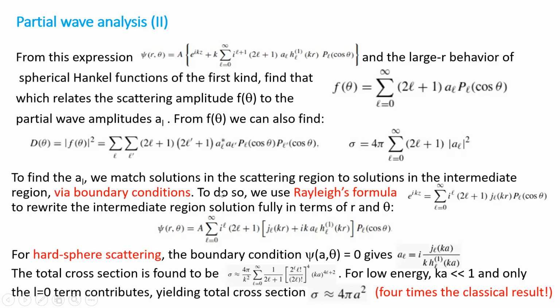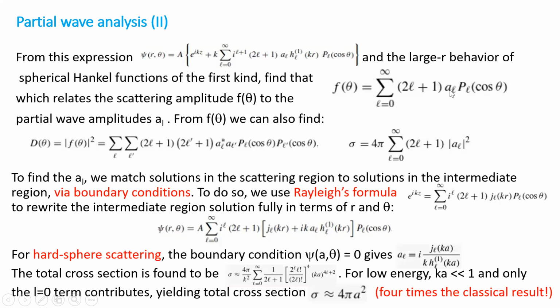And then we looked at quantum scattering, where we looked at a plane wave and an outgoing spherical wave. And then we defined the scattering amplitude as the angular dependence of that outgoing spherical wave. And to find that scattering amplitude, we instituted partial wave analysis, which involved these partial wave amplitudes AL.